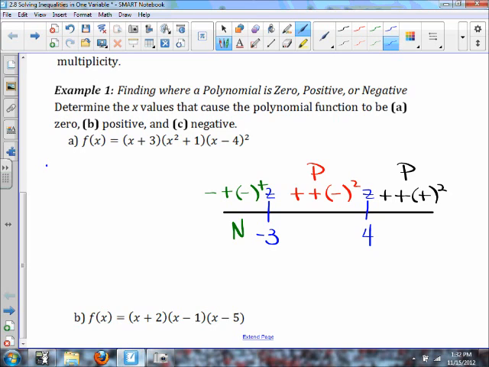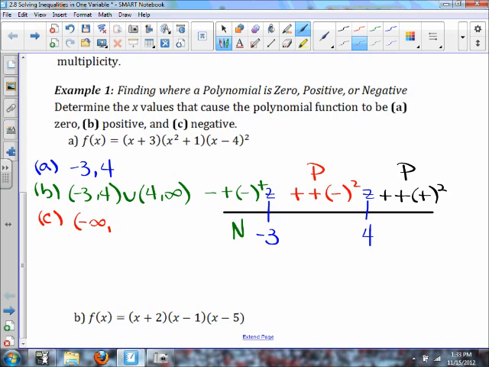So for part A, this function is 0 at negative 3 and 4. For part B, it'll be positive in the region negative 3 to 4 in union with 4 to infinity. And it'll be negative in the region from negative infinity to negative 3.